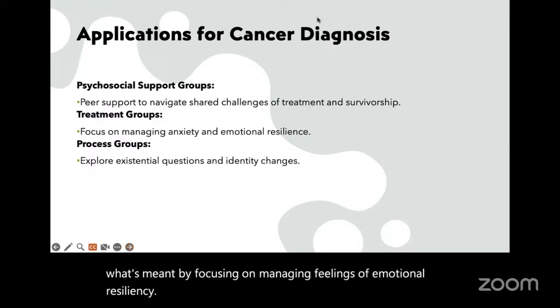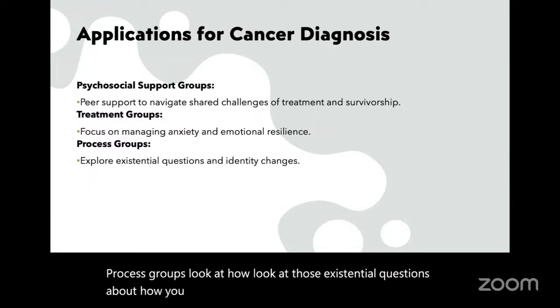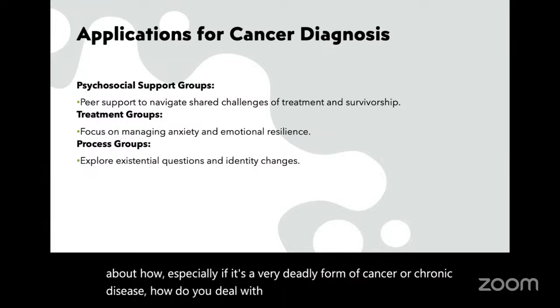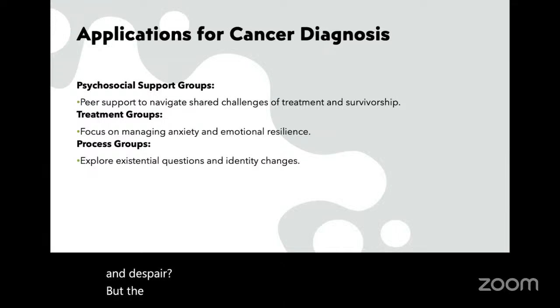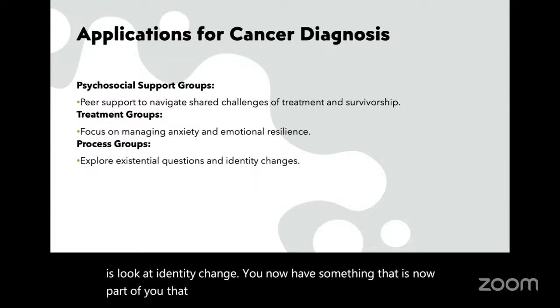Process groups look at those existential questions, especially if it's a very deadly form of cancer or chronic disease: how do you deal with those existential questions of death and despair? But the other thing that process groups do with cancer diagnosis is look at identity change. You now have something that is part of you that wasn't there before.